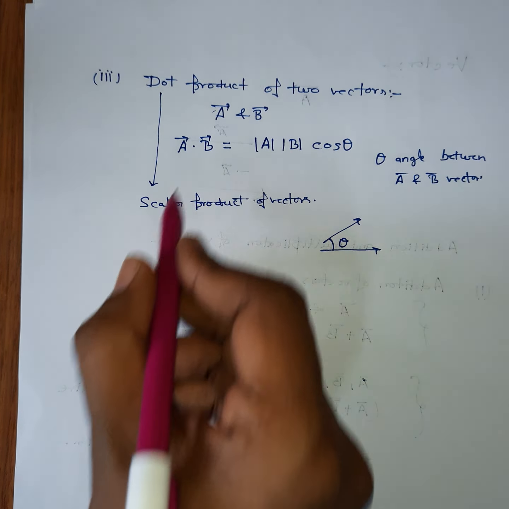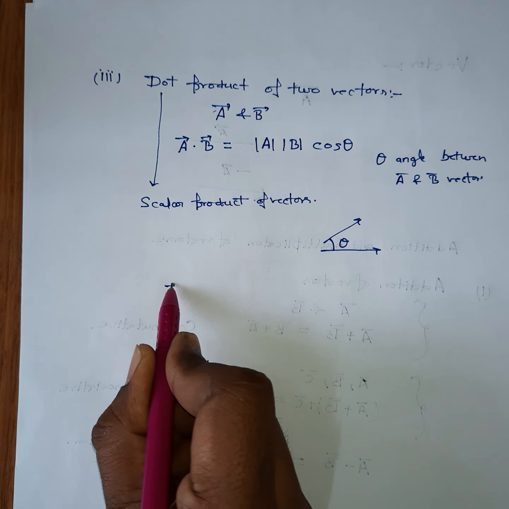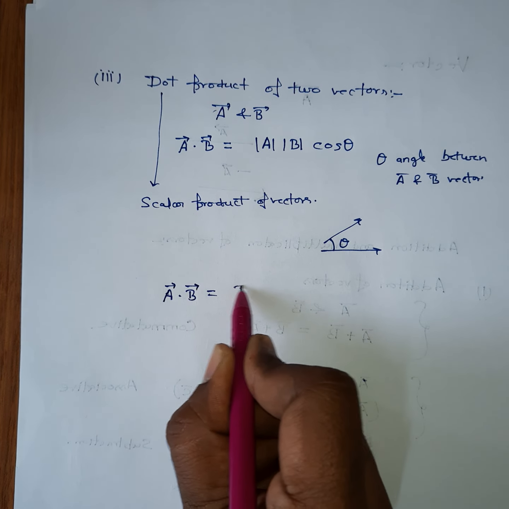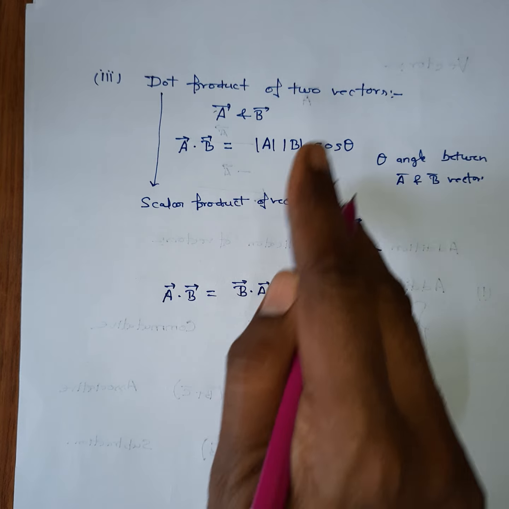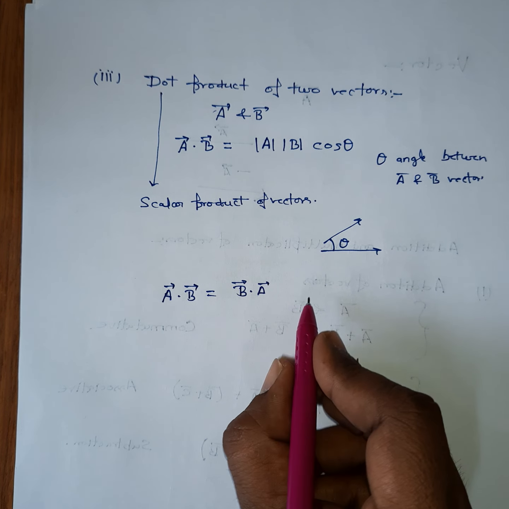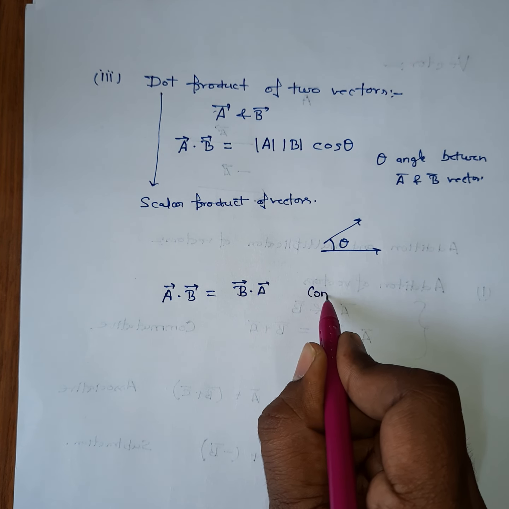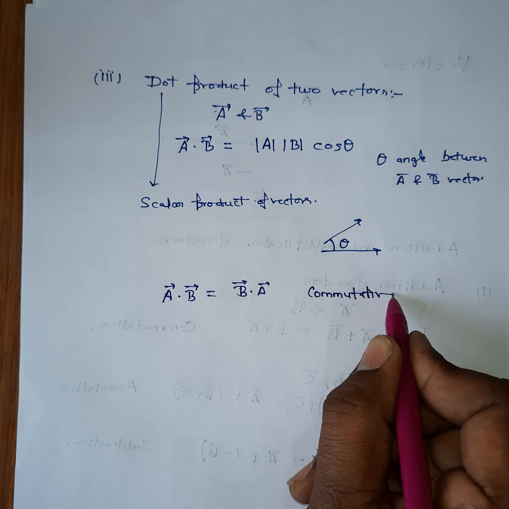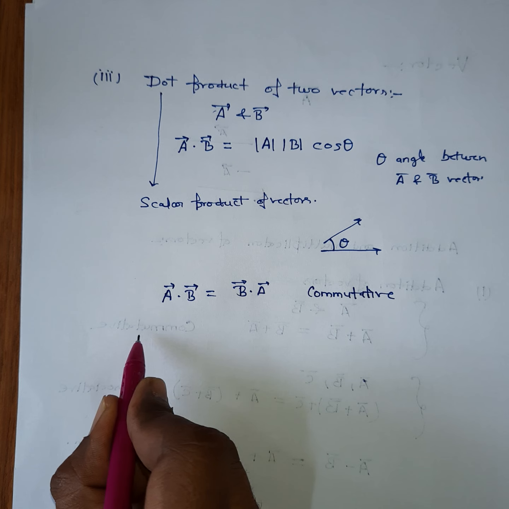So this dot product has some properties. For example, A vector dot B vector can also be written as B vector dot A vector, because they give the same result, and therefore you can say that dot product is commutative. Similarly, it is distributive also.